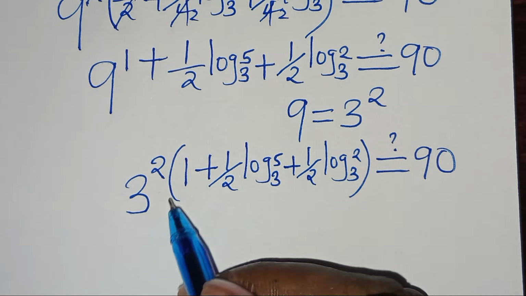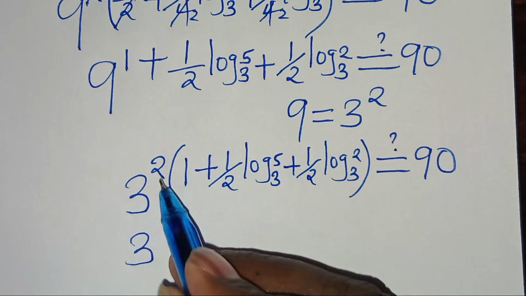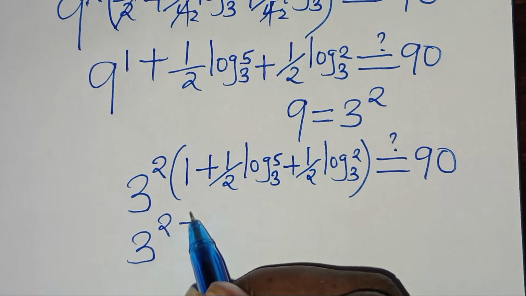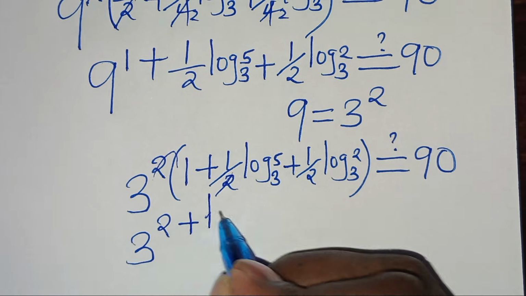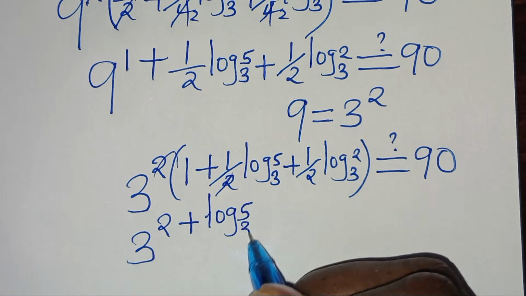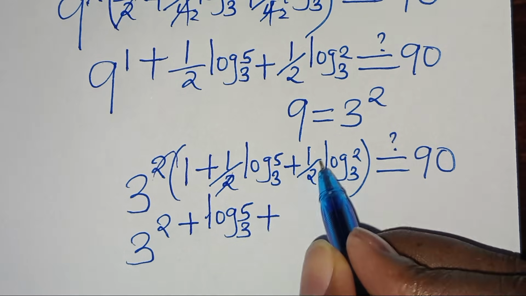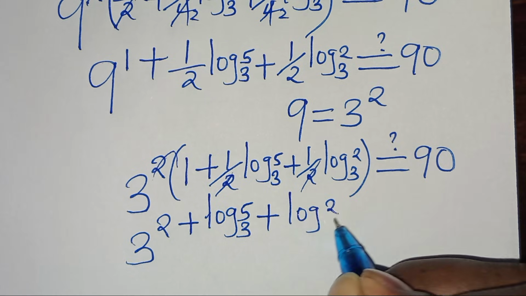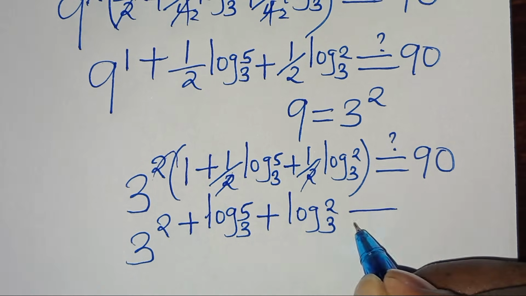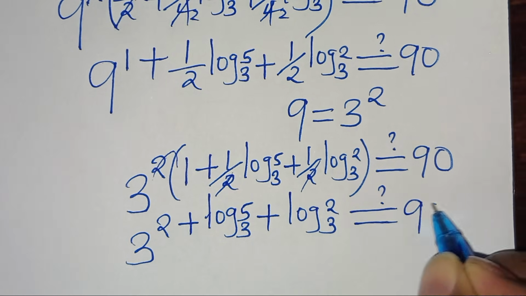Now, here we have 3 to the power of 2 times 1, this is 2. Then plus 2 divided by 2 here, this simplifies. So we have log 5 to base 3. Then plus 2 and 2 here simplifies. So we have log 2 to base 3. This is supposed to give us a value of 90.